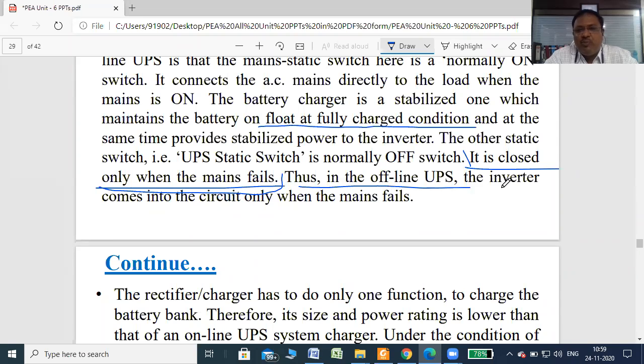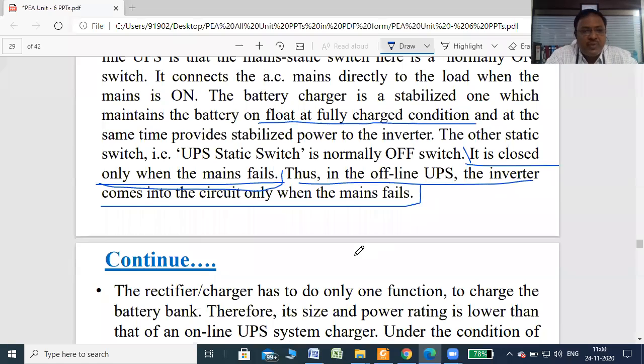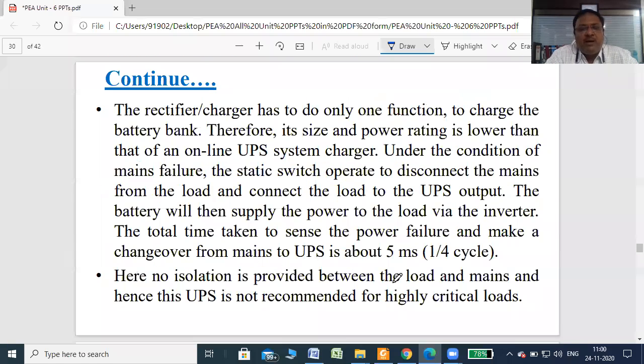Thus, in the offline UPS, the inverter comes into the circuitry only when the mains fails. Otherwise, the output of inverter is zero. Then the switching time is given as 5 milliseconds. If mains fails, the UPS static switch turns on in less than 5 milliseconds.